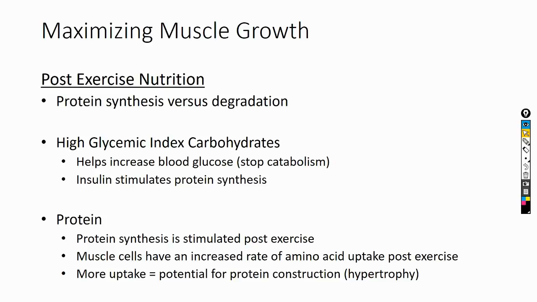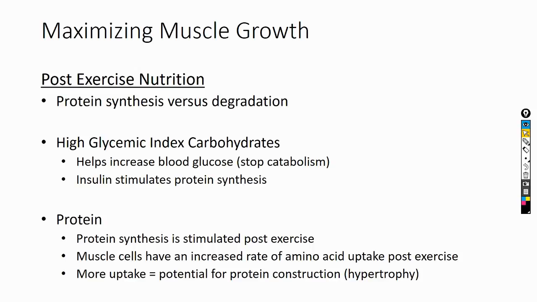So, what you want to do, if you're trying to maximize muscle growth, is control that degradation, and as quickly as you can, try to shift over to a more protein synthesis or muscle synthesis environment in the body. Okay, now, you're breaking down muscle often, and we'll talk about this in the bioenergetics and metabolism section.